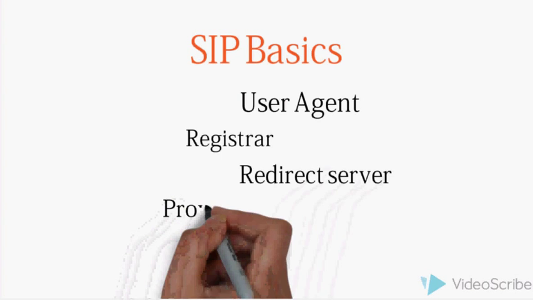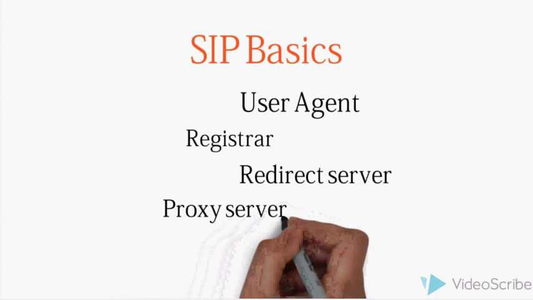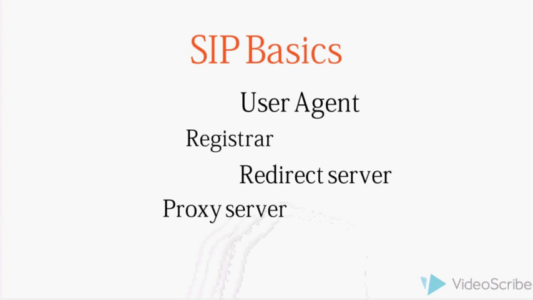And we have the proxy server. The proxy server forwards traffic to and from user agents and other locations or devices. Proxy servers may also be involved in routing and authentication. Because VoIP protocols are not very firewall friendly, a proxy server is also often used to centralize VoIP packets on a network.